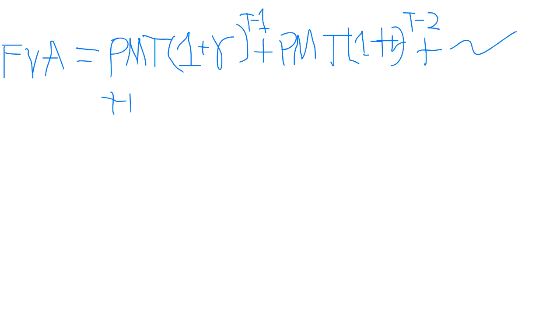Next, as we move closer to the end, to the terminal time, the third from the last deposit will earn interest 2 times. That must be payment, P. And the second from the last will earn interest at least once, 1 plus r.